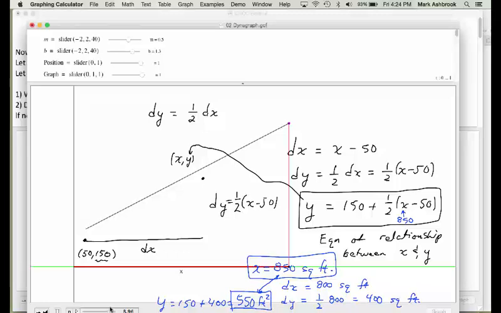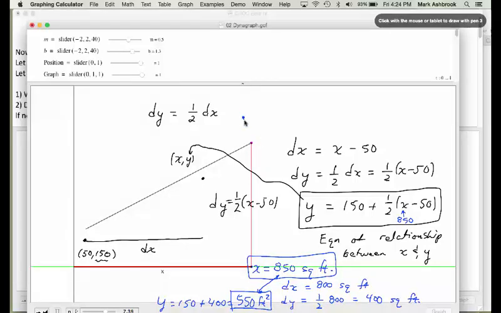Maybe that point is right here, signifying that when you've painted 850 square feet, your friend is up to 550 square feet of total amount painted.